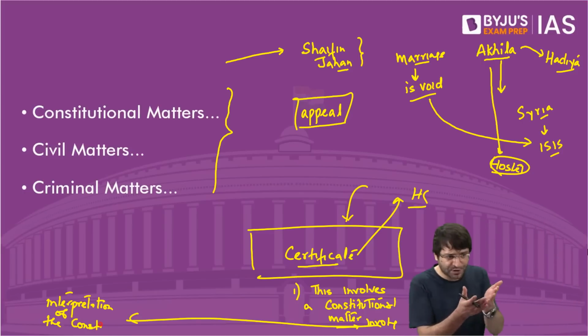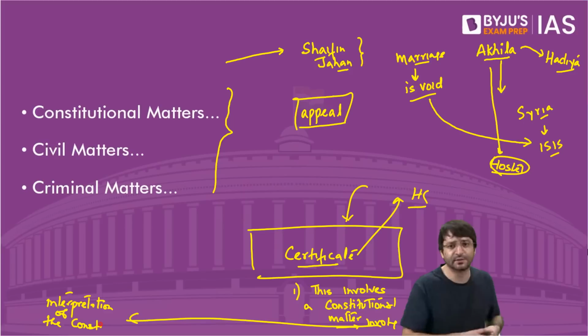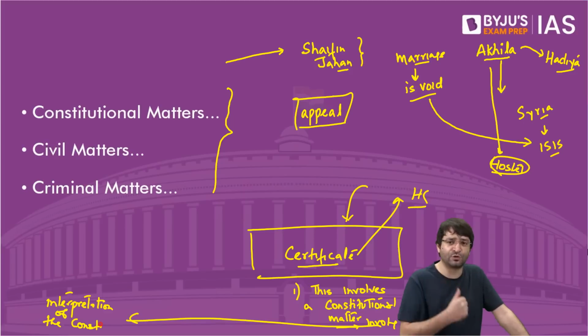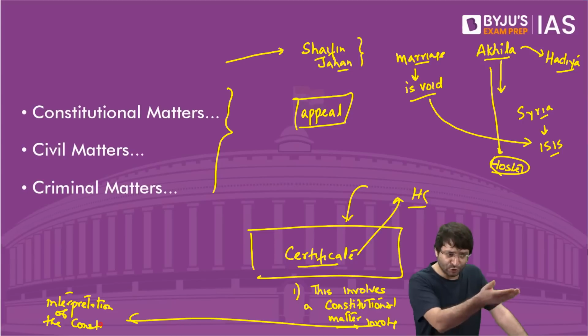This certificate was given to the Supreme Court registrar, saying I need to file an appeal before the Supreme Court against the High Court judgment. Here is the certificate, because this certificate tells you that you should hear this case because it involves interpretation of the Constitution. This is a constitutional matter.